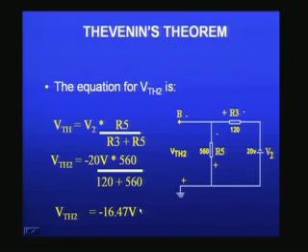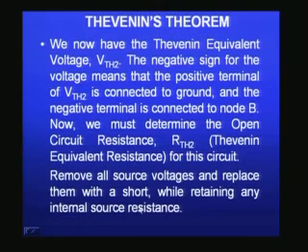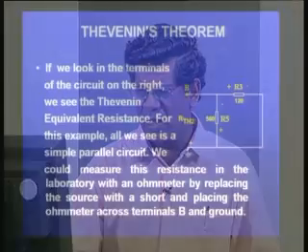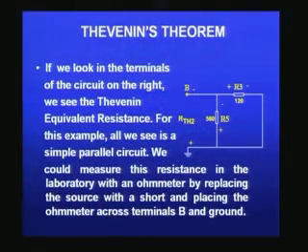So that is the Thevenin's voltage, and to find the Thevenin's resistance, again you go by the same rule. You replace the voltage source with a short and then calculate the resistance across the terminals where you connect the load. You can see in the circuit here I have replaced the voltage source with a short, and I have to find the resistance between these two terminals, and this is nothing but the parallel combination of R3 and R5.